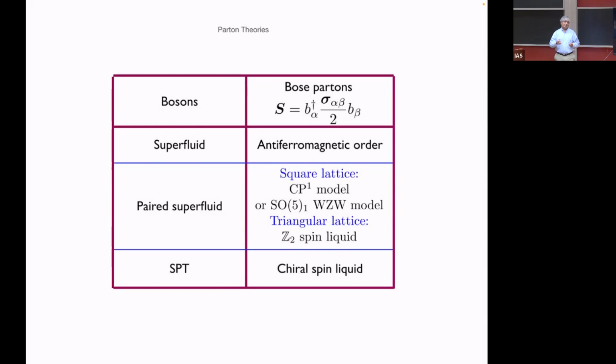And generalizations of it are extremely powerful and allow us to really understand essentially the complete library of interesting phases that have any connections to experiments using very similar methods. So I'm just going to make a table or survey of the different phases you get from the Parton approach.